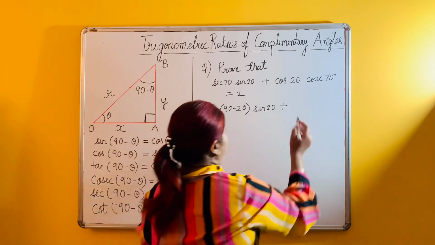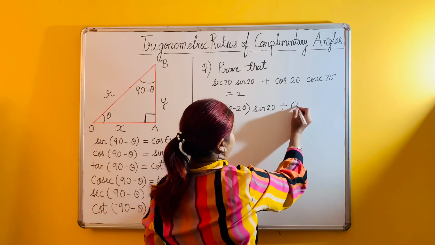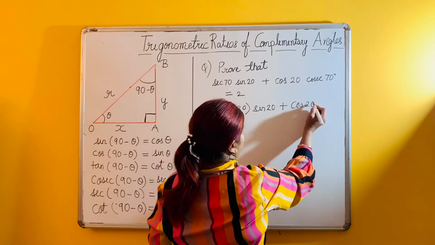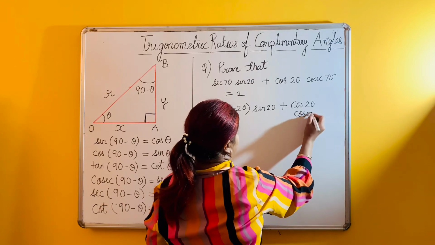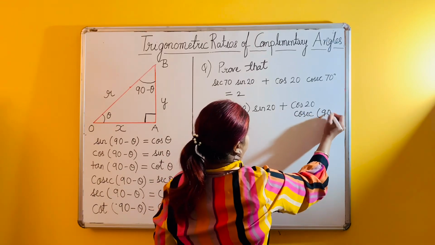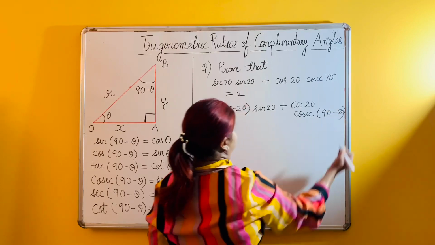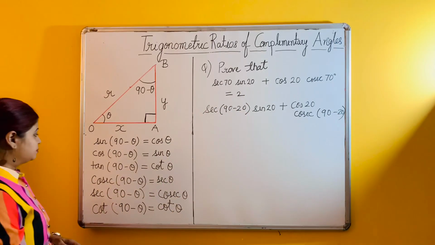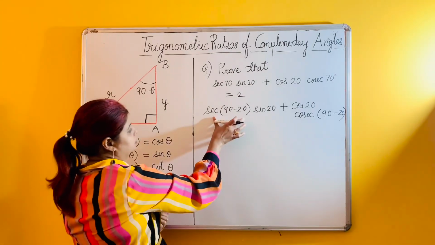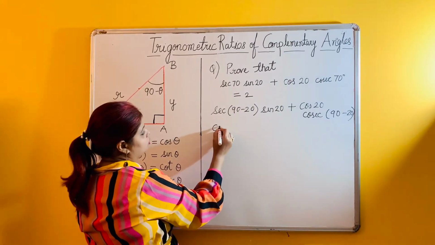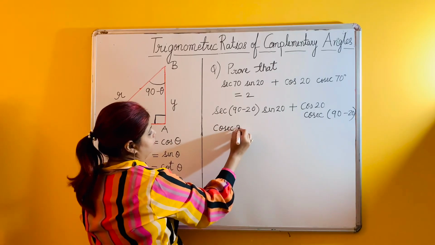Now, what is here? Cos 20. Now, cosec 70 can be written as cosec 90 minus 20. Right. Now, what is sec 90 minus theta? So, if you see here, it is cosec theta. So, it is nothing but cosec 20.